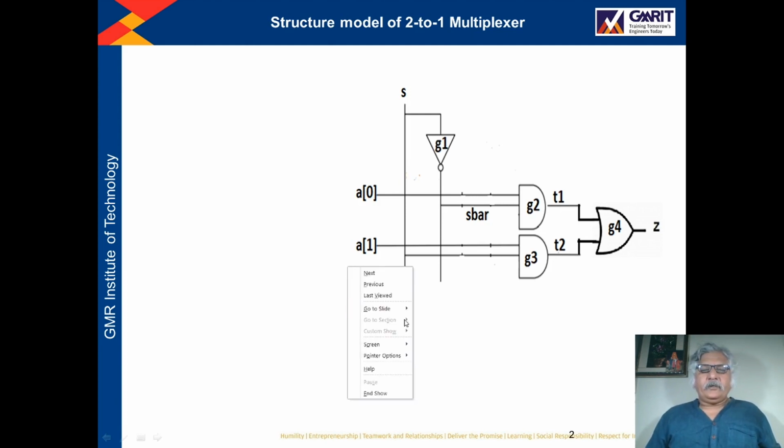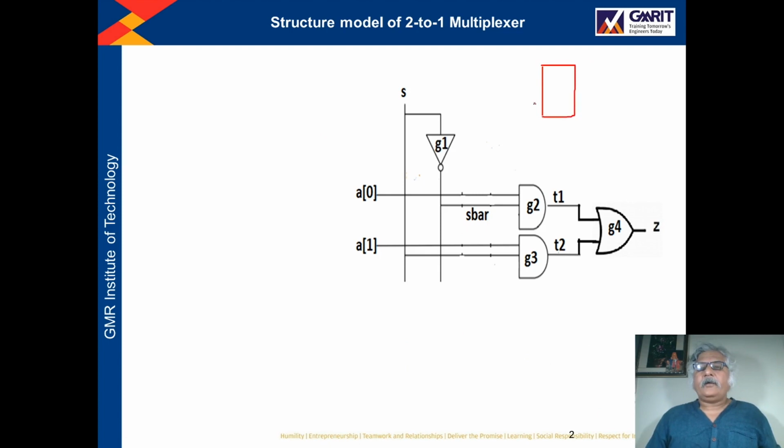So this is the structure of 2 to 1 multiplexer. So basically a 2 to 1 multiplexer will have these two inputs.